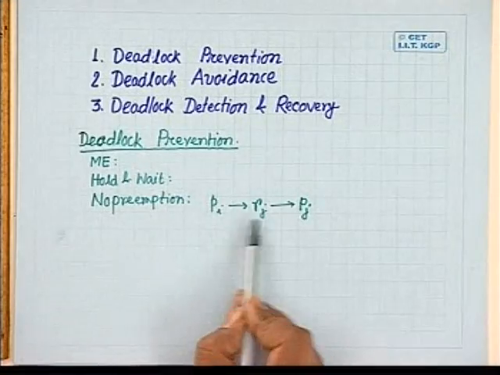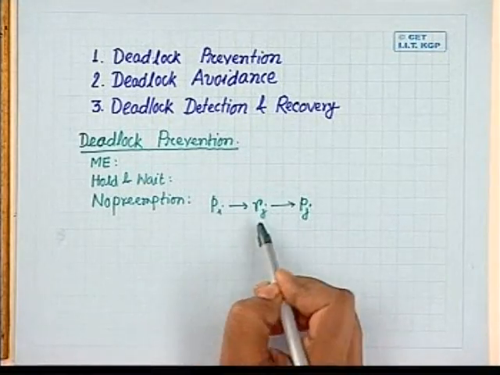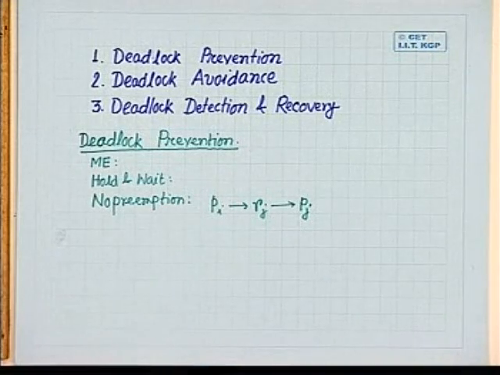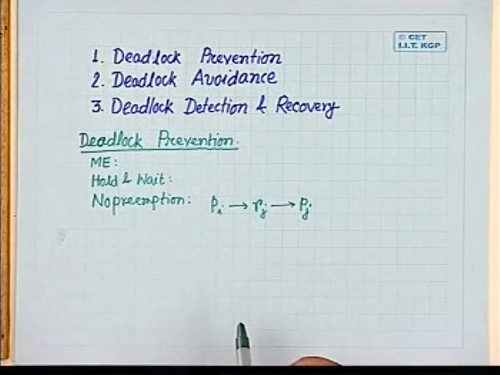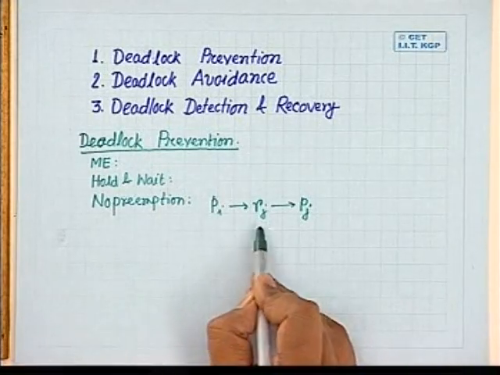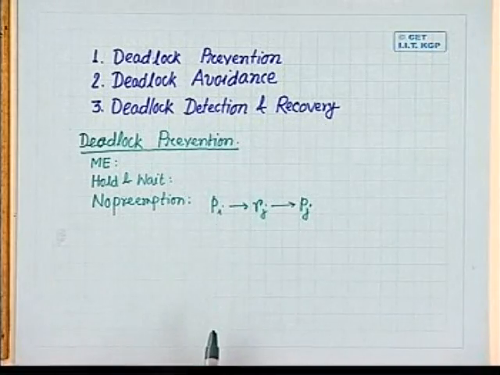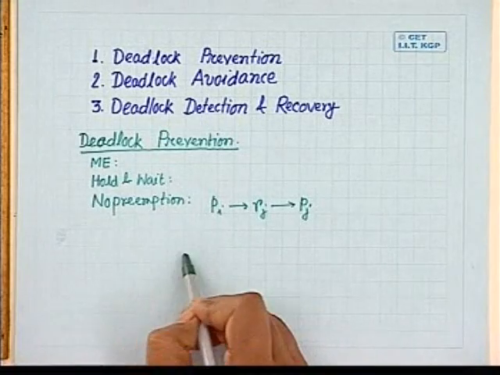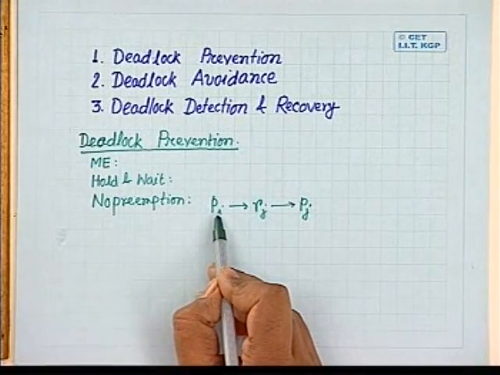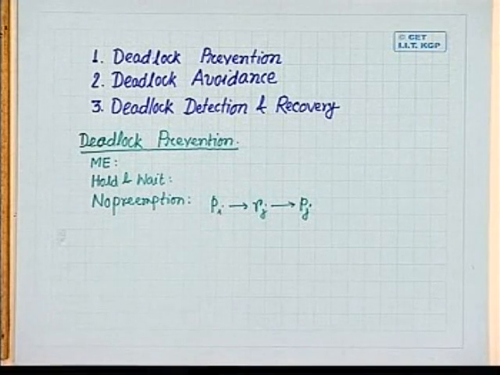Right? So here what I can do is, whenever a process Pi puts a request for a resource type Rj, and it is found that Rj is currently allocated to some other process Pj, that means Pi has to wait for Rj. At that point I can take one of the two approaches. If process Pi is holding some resource, we'll ask process Pi to release those resources forcibly. Okay.